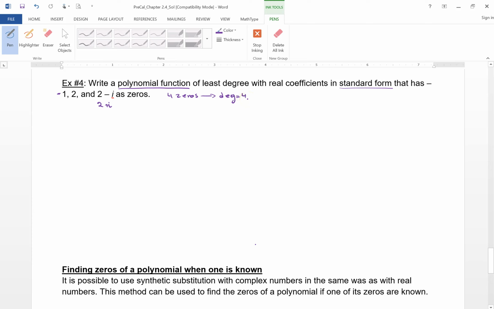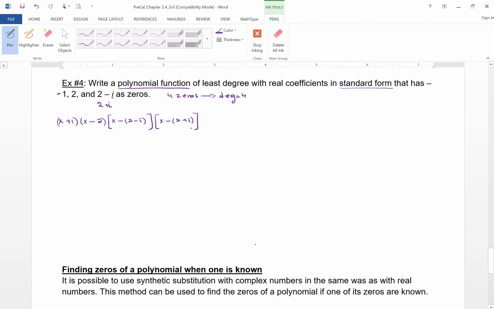To go from the zeros to the factors, we say x plus 1, always the opposite sign, x minus 2, x minus 2 minus i, x minus 2 plus i.